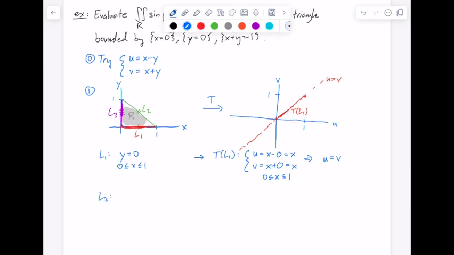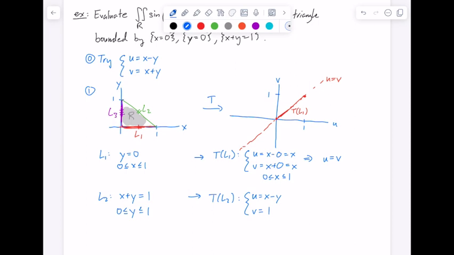Moving on to the hypotenuse, L2. This is defined by x plus y equals 1 and y is between 0 and 1. So now, on the uv side of things, u is equal to x minus y, so that remains, but v is now equal to x plus y, which is equal to 1 on this diagonal.